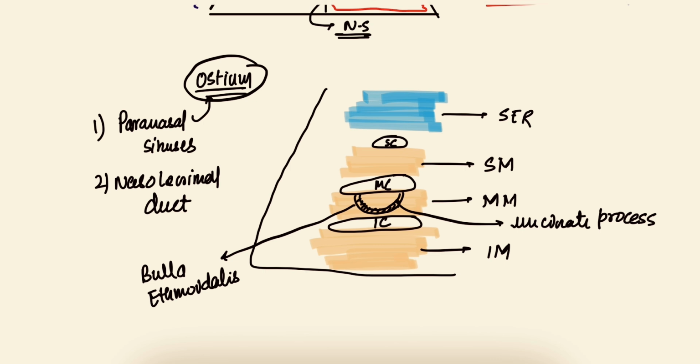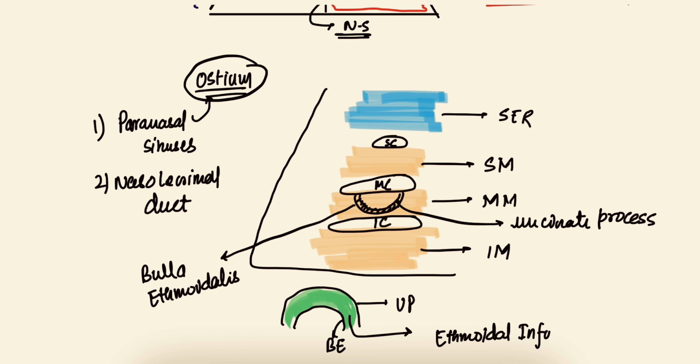Now, the space between the bulla ethmoidalis and the uncinate process is known as the ethmoidal infundibulum.